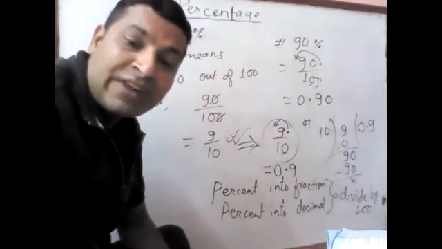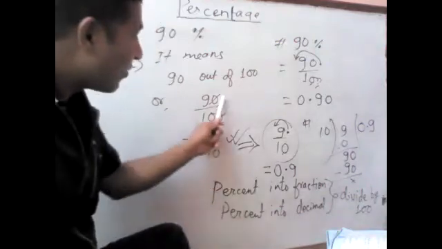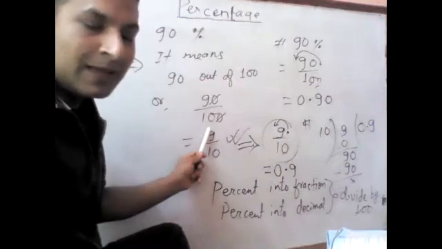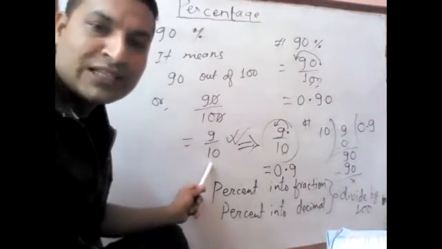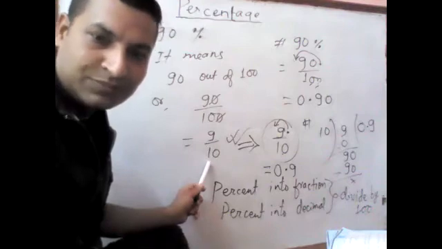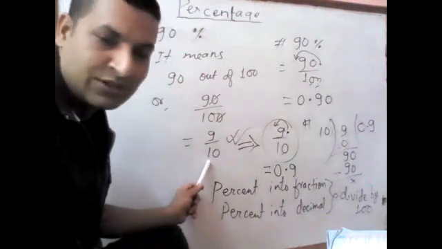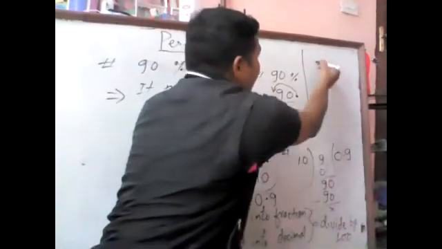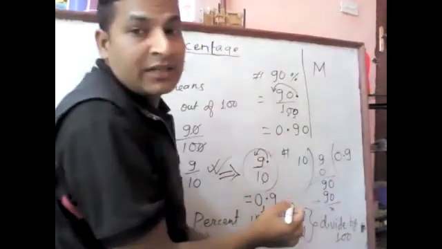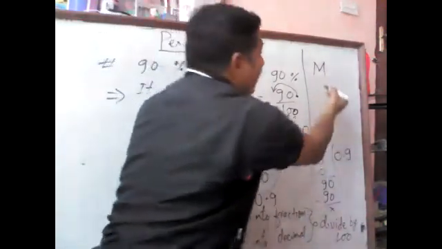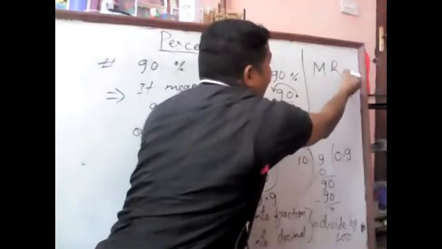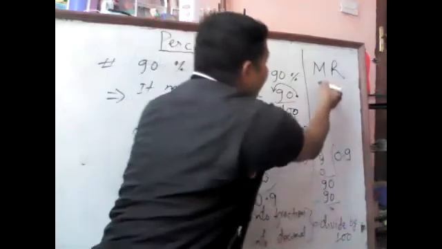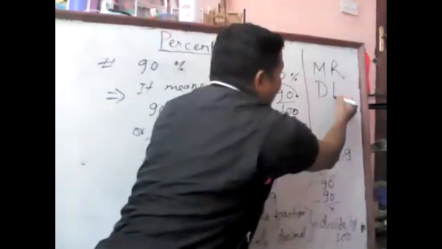After converting into the fraction, you can cancel to convert into the lowest term, small numbers term. So everybody, please remember the rule of multiplying decimals. M means multiply: while multiplying, the decimal goes to the right. R, Mr. Multiply, right. When we divide, the decimal goes to the left.